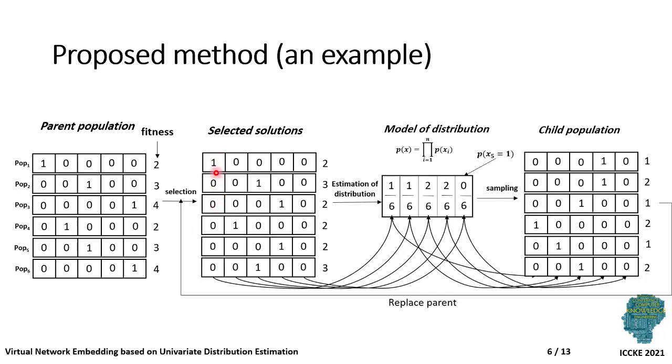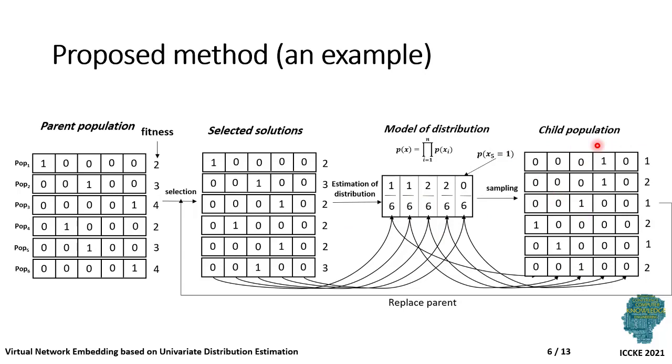The probability of being 1 here in this column is 1/6. The next one is 1/6 again. The next one is 2/6, because here we have 2, 1. And so on. After making this distribution model, we use it in order to find the next population as a child population.